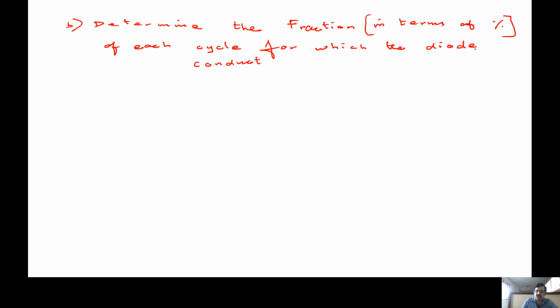Because we are going to use two diodes, the diodes conduct. Fractional percentage. How do I do this?